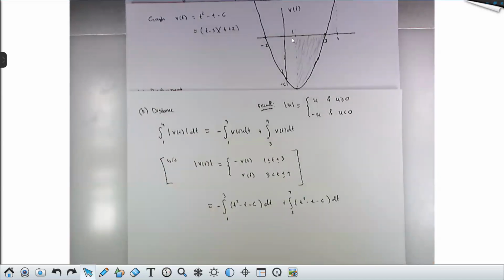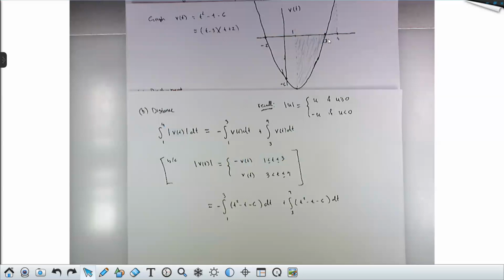Since v of t is negative from 1 to 3, everywhere between t equals 1 and t equals 3, v of t is itself negative. The absolute value of v of t there is negative v of t. If you take something negative and multiply it by negative, it becomes positive.